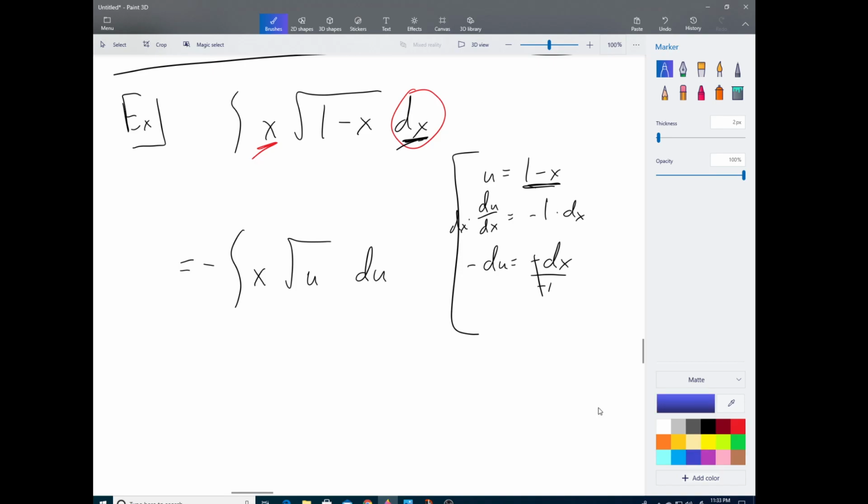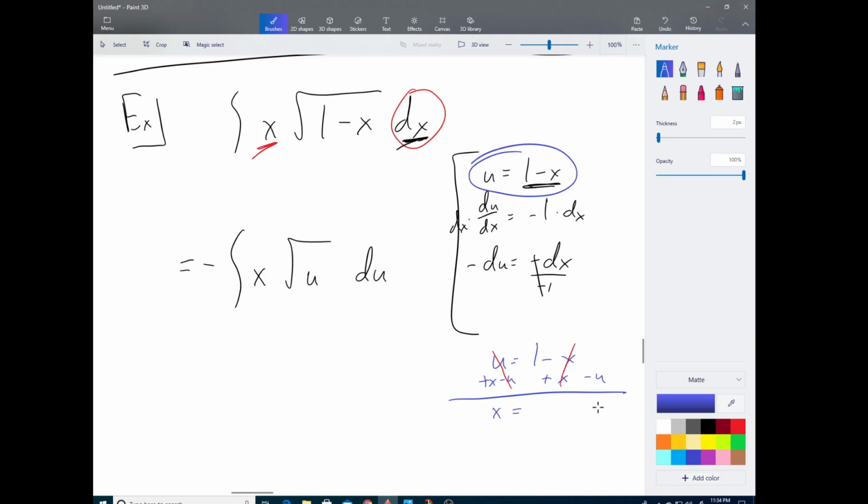So, remember I told you u is equal to 1 minus x? Let's play with that. Let's add x's to both sides. And let's subtract u from both sides. So, on this side my u's cancel. On this side my x's cancel.